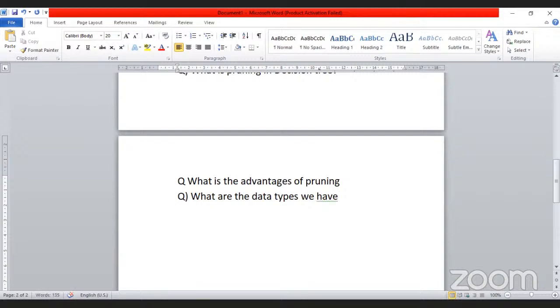Now, there are some sub data types as well. So they might ask you the next question: how is interval data type different from ratio?